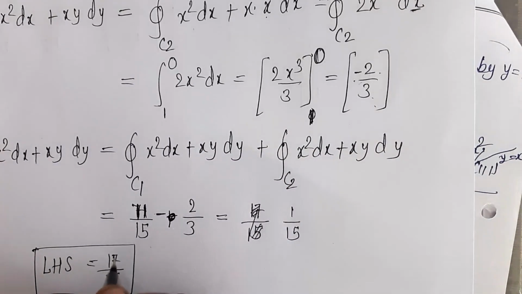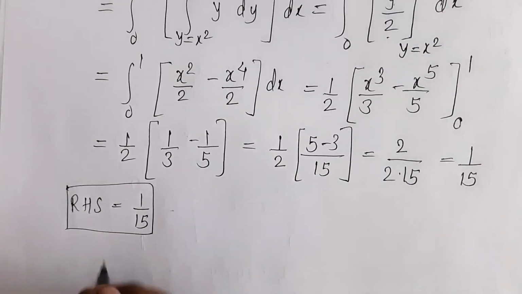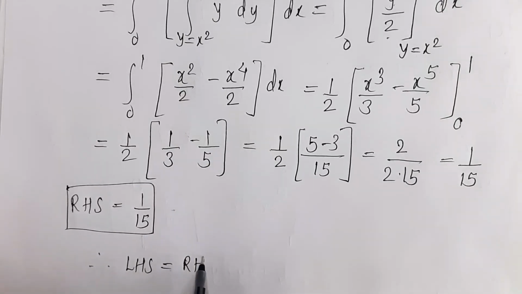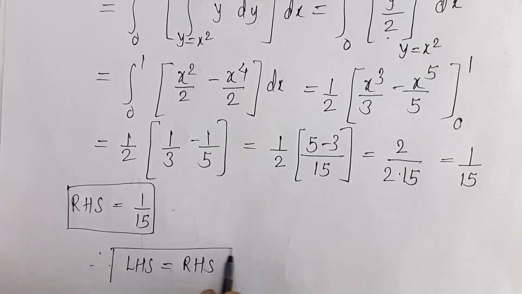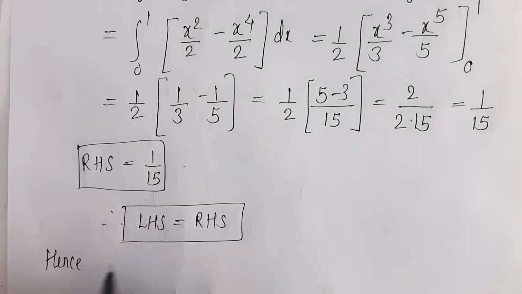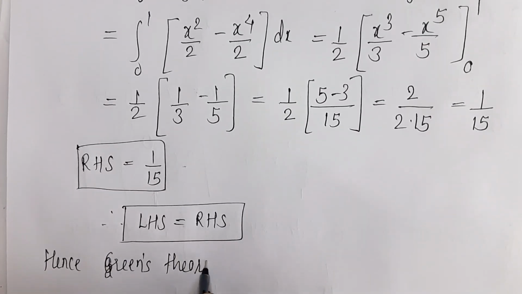So our LHS is 1 by 15 and our RHS is also 1 by 15. Therefore LHS is equal to RHS. Hence Green's theorem is verified.